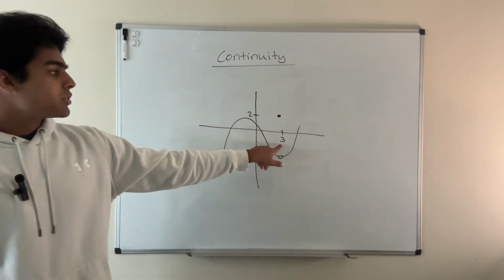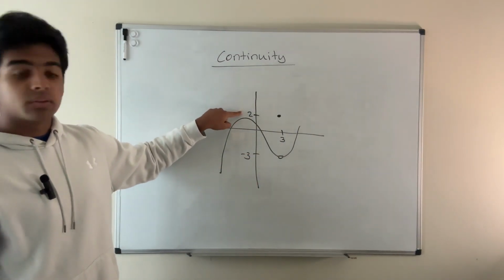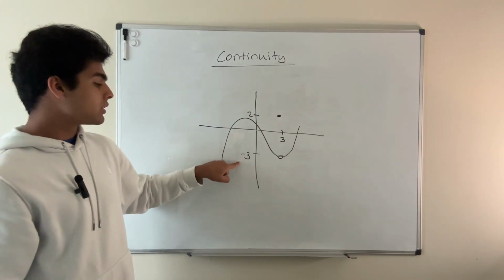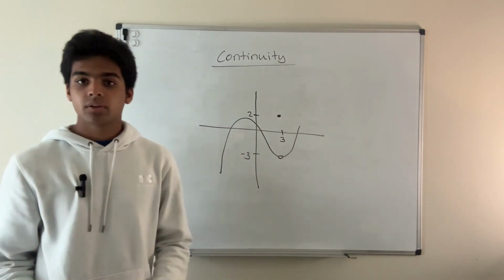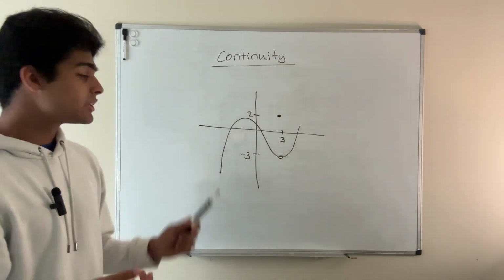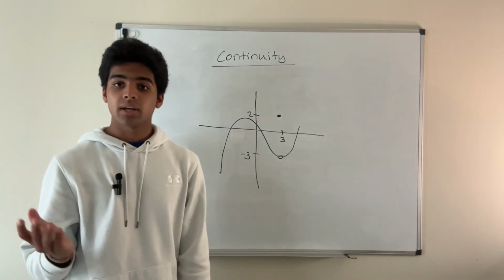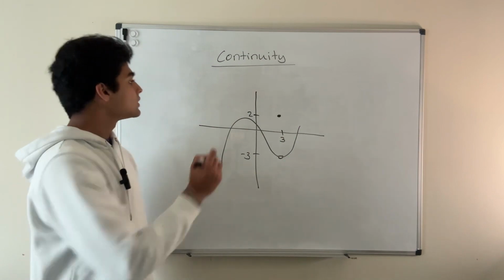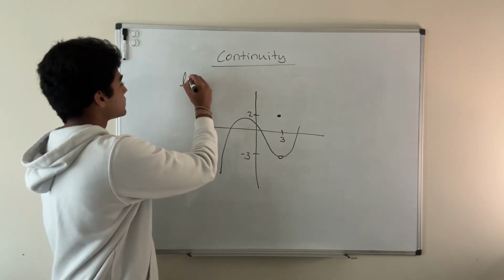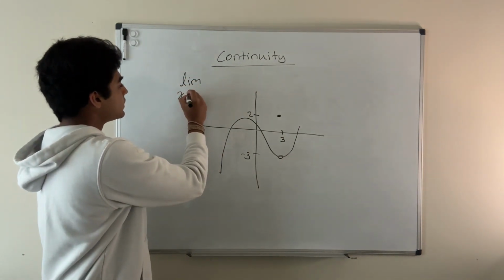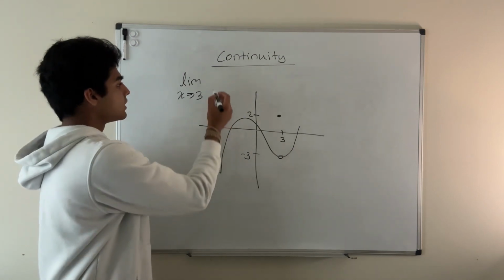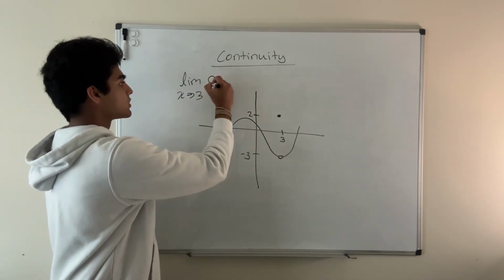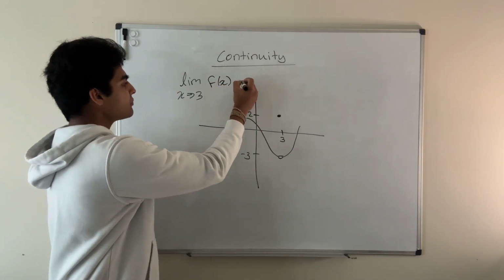So this is x equals 3, this is y equals 2, and this is y equals -3. And we want to find out if this function is continuous at the point x equals 3. So first we find the limit as x approaches 3 of the function, we'll just call it f of x.